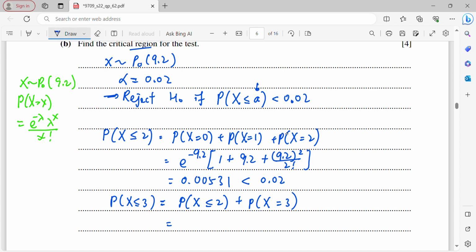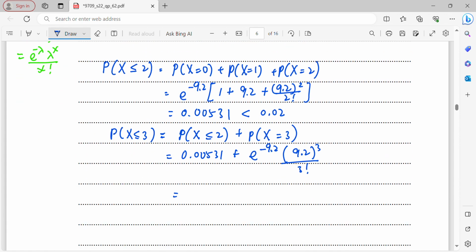So here I just copy 0.00531 plus P(X = 3), which is e to the power of negative 9.2 times 9.2 to the power of 3 over 3 factorial. When you calculate this value, it's going to be 0.0184. And again, this is less than 0.02, but it is quite close to 0.02.